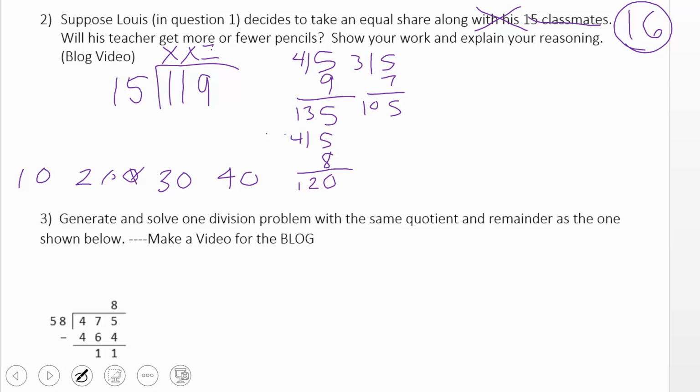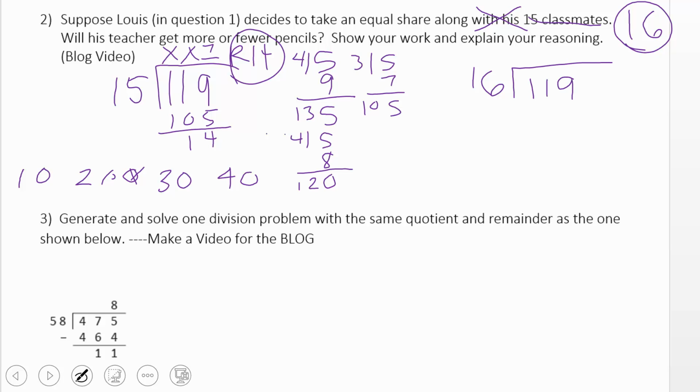Okay, so 7, 105. So before, the teacher was getting the leftover pencils, the remaining 14 pencils, and each teammate was getting 7 pencils. But now, instead of sharing it with 15 classmates, I'm sharing it with 16.